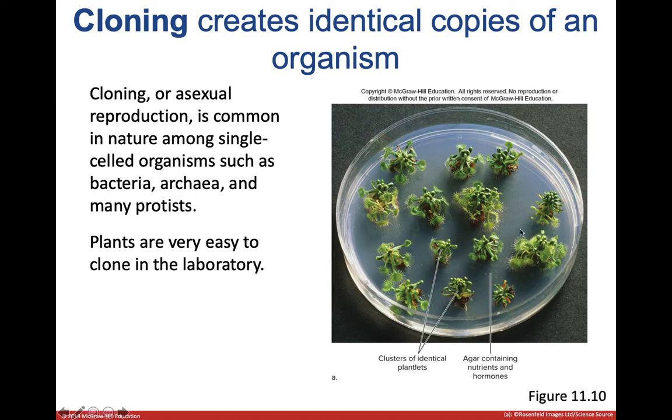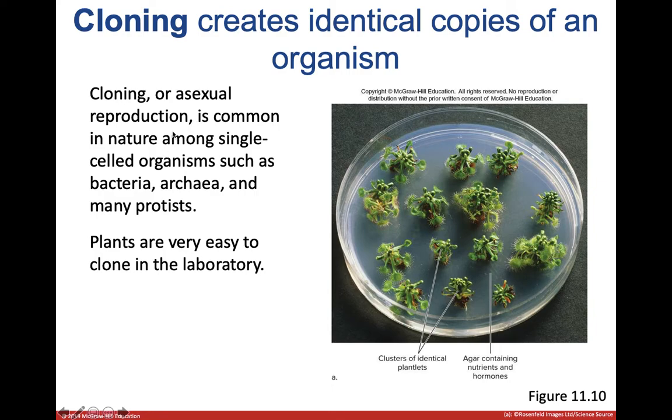Now, lots and lots of plants and bacteria and little tiny microscopic organisms naturally clone themselves. Asexual reproduction is natural cloning. It's literally making a genetically identical copy of yourself. I tend to refer to that as asexual reproduction, while cloning is the laboratory term.